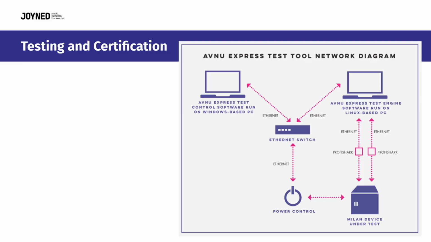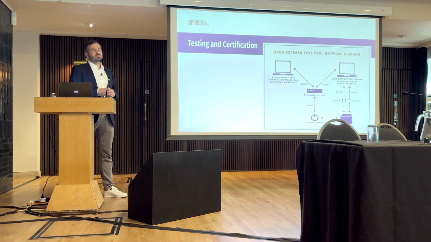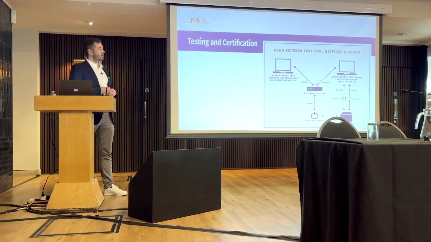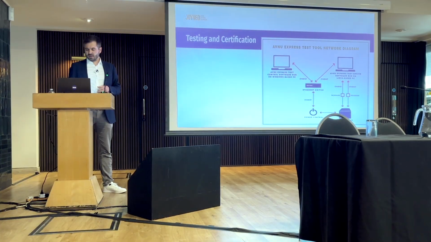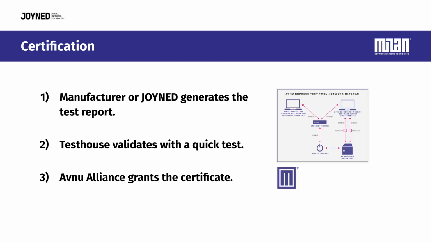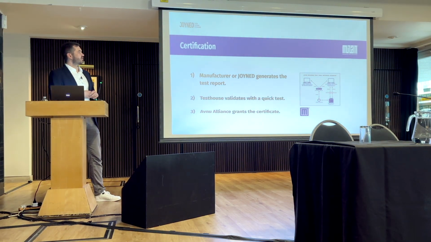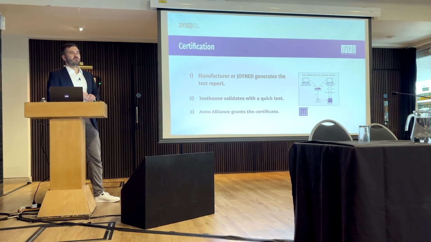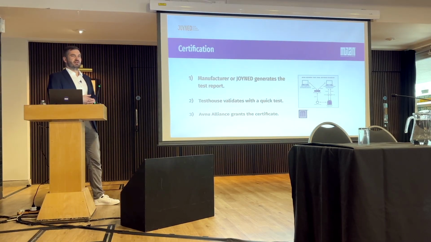We don't need to go into details, but this is something we also help with as JOYNED to our customers to provide this as a service. The process for that is either the manufacturer or we as JOYNED generate test reports. It's an automated test that runs through. Then we have to go to an official test house that validates with a so-called quick test, and then the Avenue Alliance can grant this certificate. So if you see this Milan certification trademark on a device, you have full reliability that it fulfills everything that is specified.